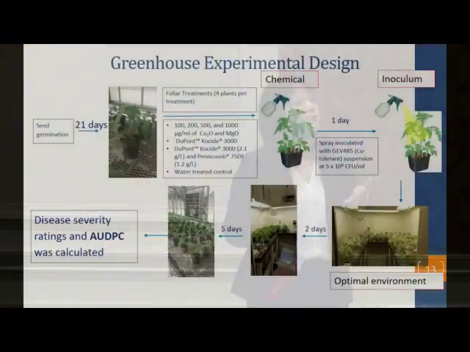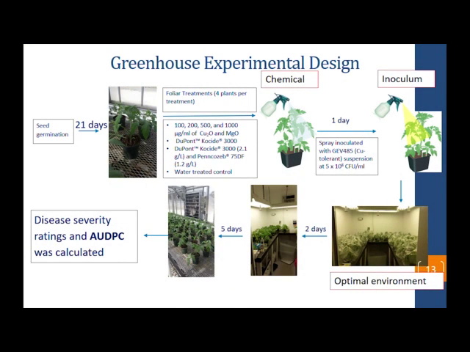Okay, so in the greenhouse experiment, we use plants that are around this big, and we spray the treatments, including 4 different concentrations of the copper oxide nanoparticles and magnesium oxide nanoparticles, to compare with COSI 3000, copper manganese, and the water control.